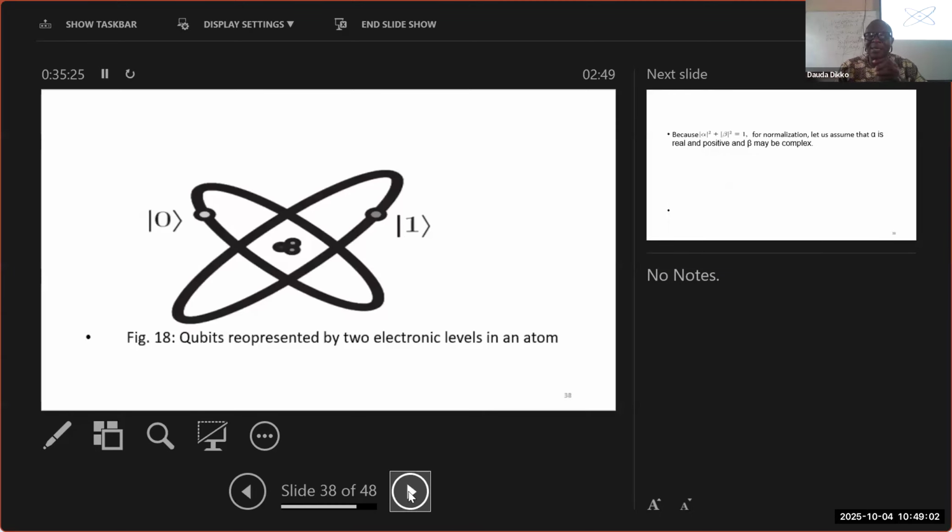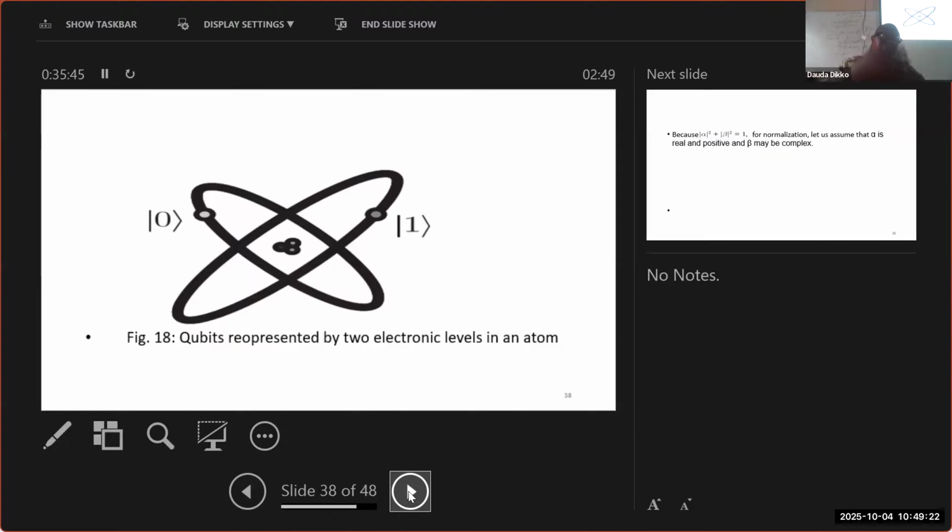So you can see that if you have an atom, for example, an atom can be excited. When the atom is in the least possible state, that is what is called the ground state.